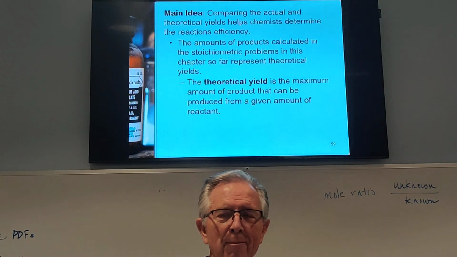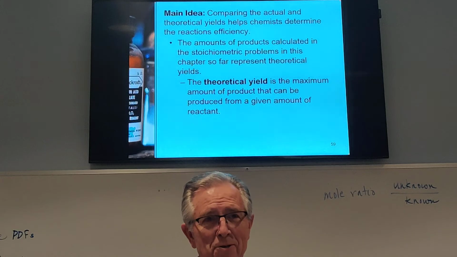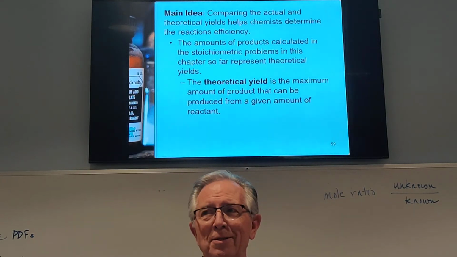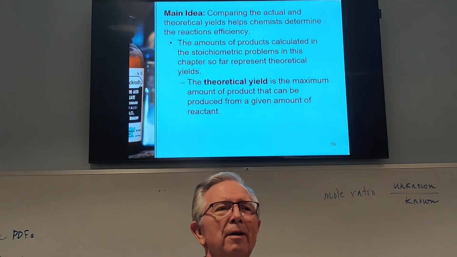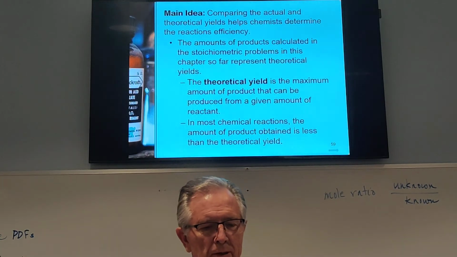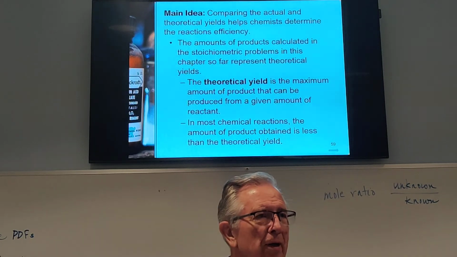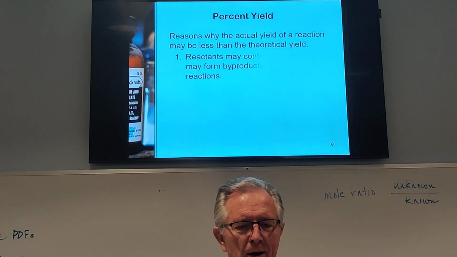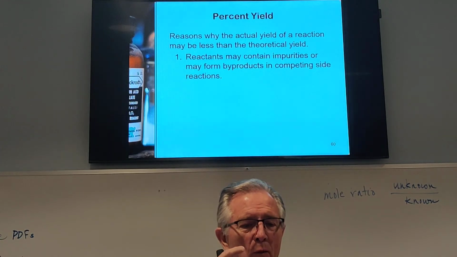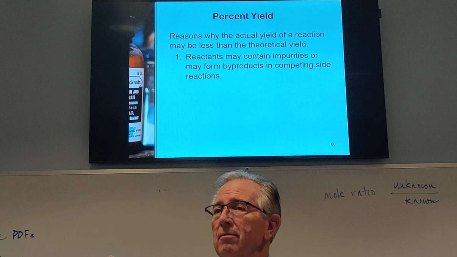So when you do that lab I keep referring to, you will figure out how much I should have gotten compared to how much I really ended up with, and that will be my actual yield. So most chemical reactions produce less than the theoretical, and we call that our actual yield. Now, why is it that we might not end up with 100%?